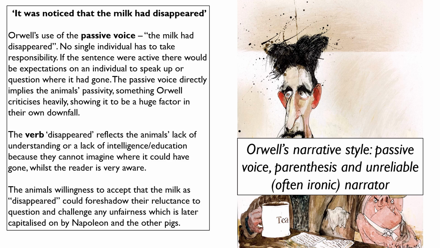It also shows that they've got a willingness to accept that this has happened, that the milk has just disappeared, and it foreshadows their reluctance to question things. And as things get worse for them, they don't question, they don't challenge any unfairness. And Napoleon and the other pigs capitalise on that. They use that to their advantage.